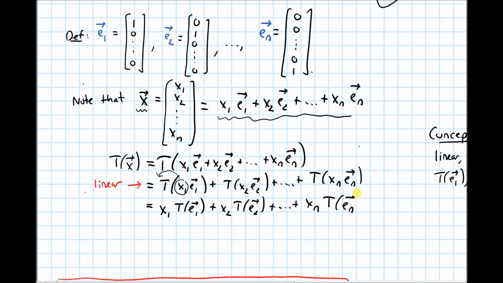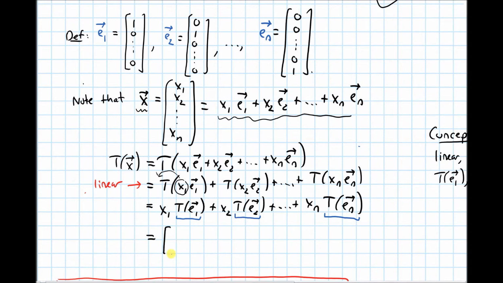Now I have another linear combination of vectors, but the vectors are T of e1, T of e2, all the way up until T of en. And if I have a linear combination of vectors, I can write this as a matrix times a vector.